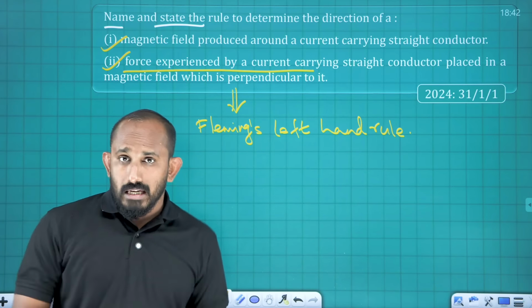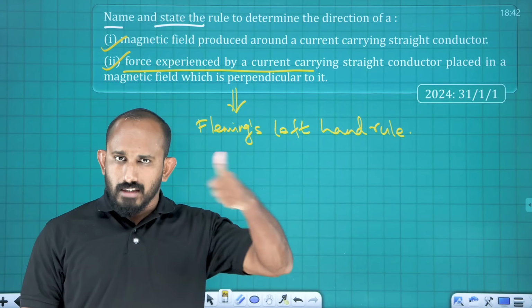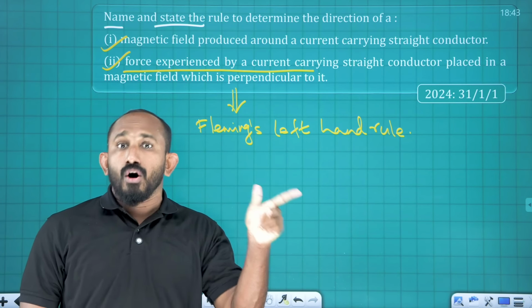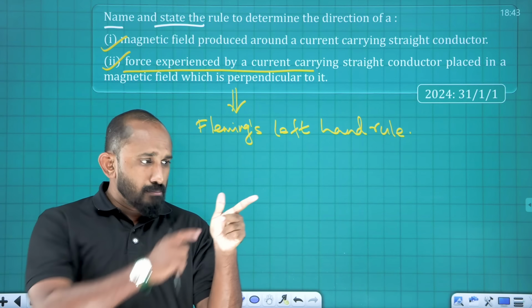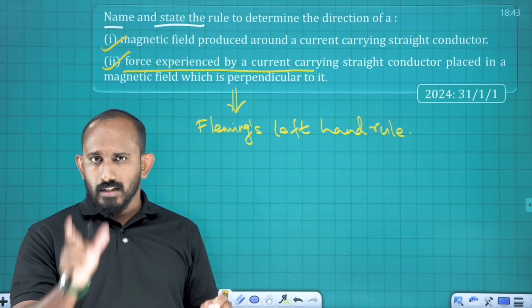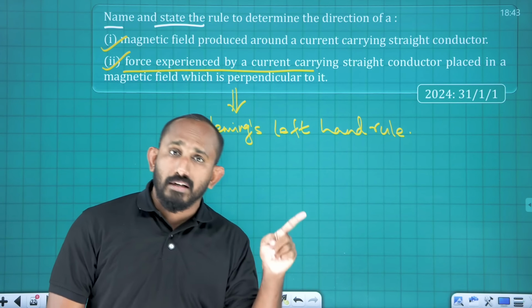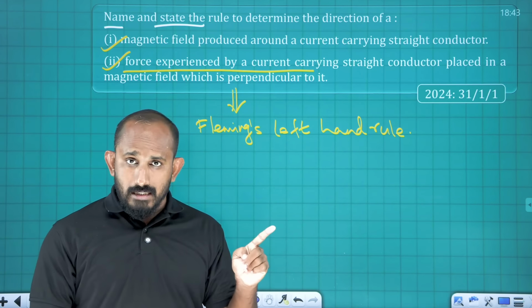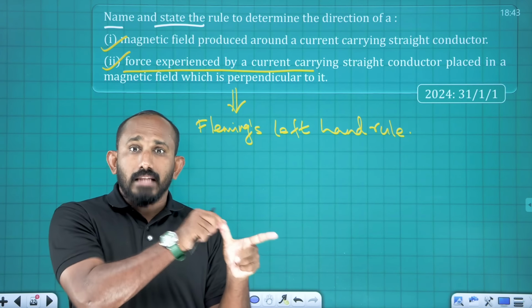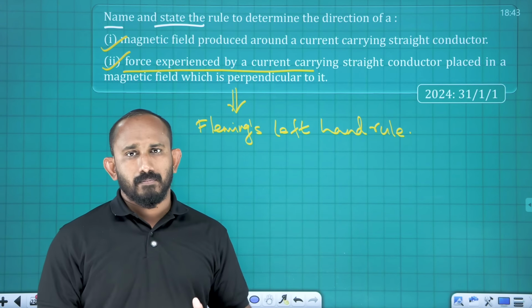The statement of the rule, exact statement you have to give. What is it? Stretch thumb, index finger or forefinger and middle finger of left hand in mutually perpendicular directions. If index finger shows the direction of magnetic field and middle finger shows the direction of current, then thumb gives the direction of force acting on the conductor.